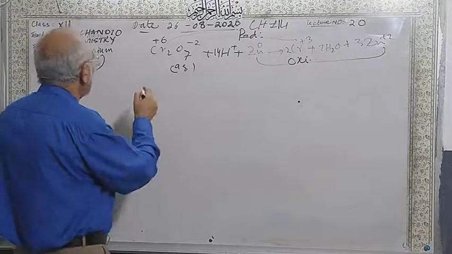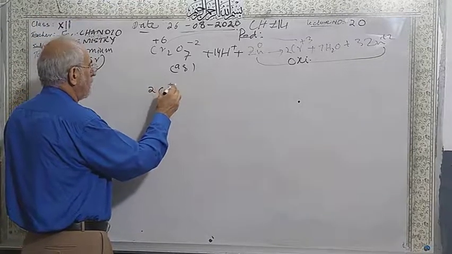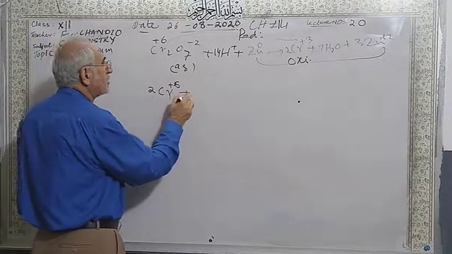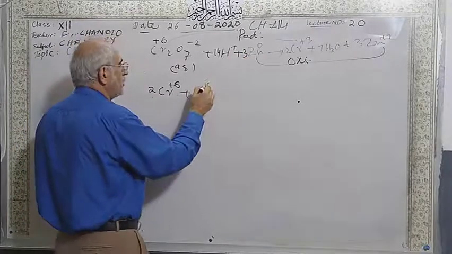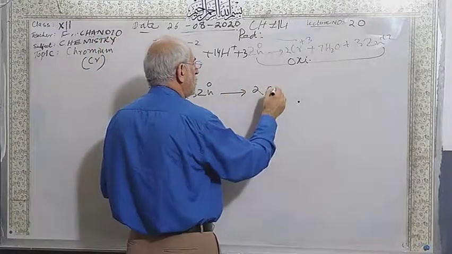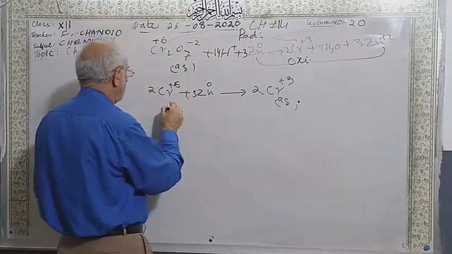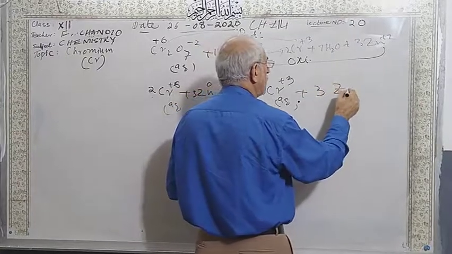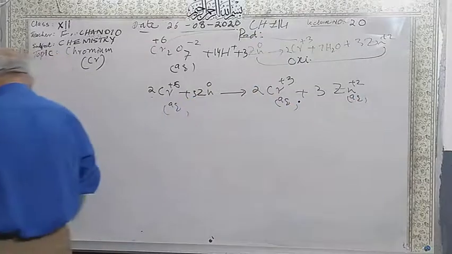So in short, we can write here 2 chromium ions, positive 6, zinc metal changes into 2 chromium positive 3 and plus 3 zinc ions.